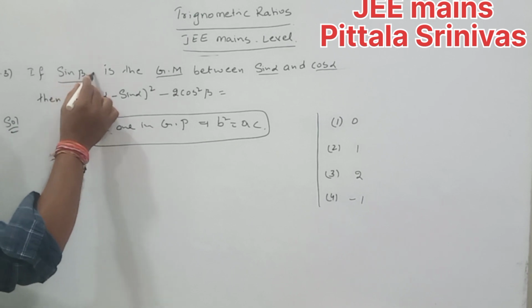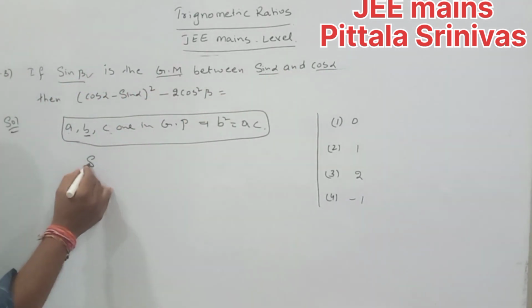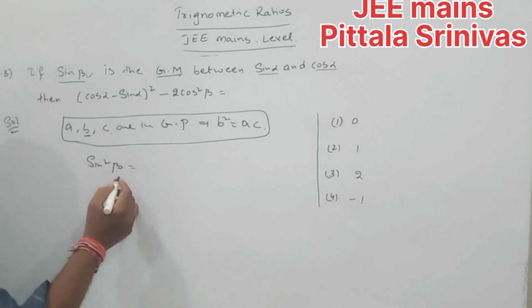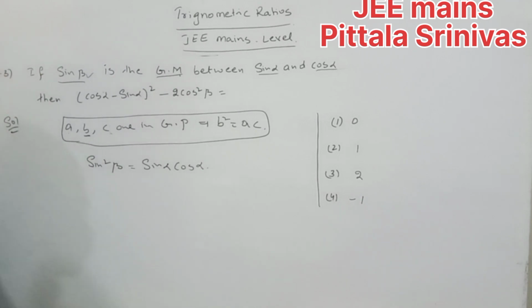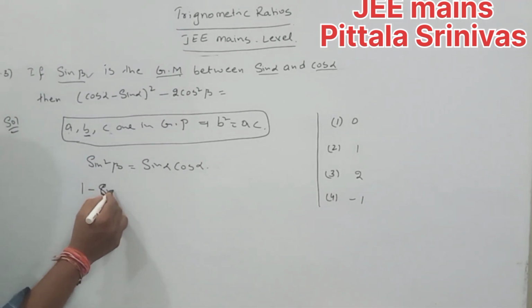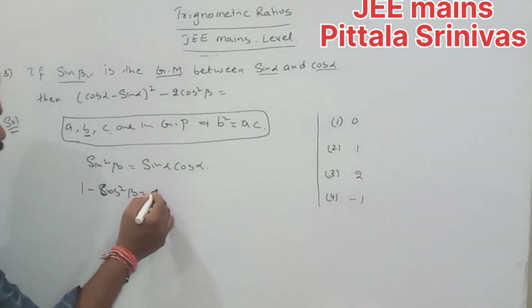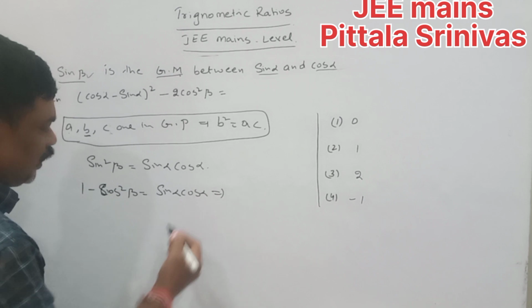Similarly, sin beta is the geometric mean of sin alpha and cos alpha. Then sin square beta is equal to sin alpha into cos alpha, that is the formula. So here 1 minus cos square beta is equal to sin alpha cos alpha.